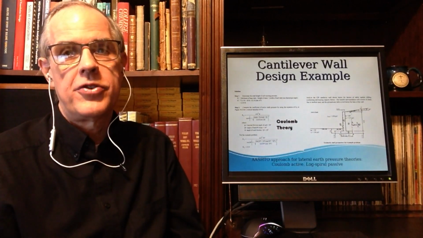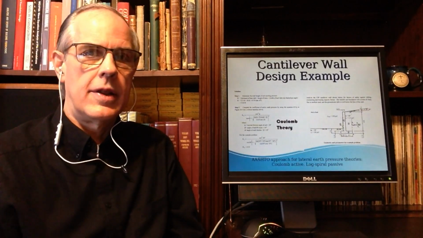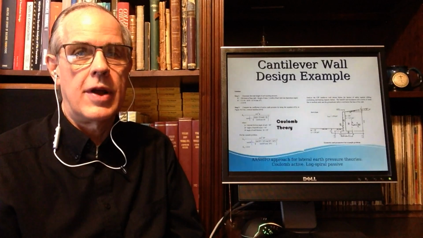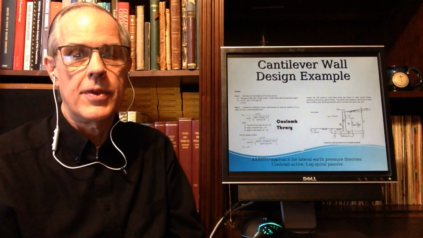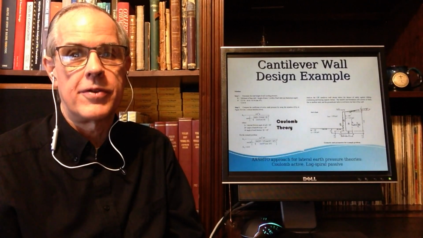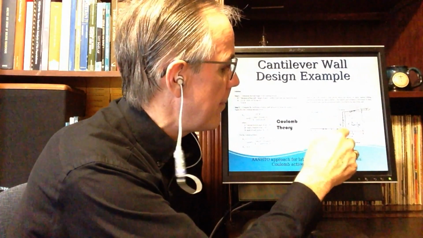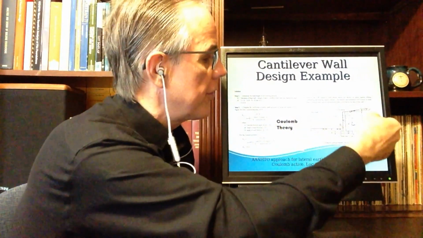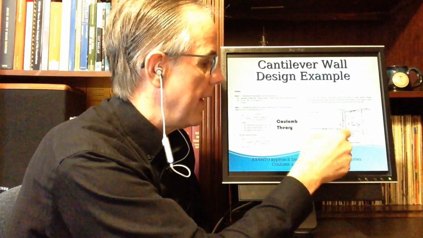But they're assuming the AASHTO pair of Coulomb for active and log spiral for passive, although we're not going to actually deal with log spiral earth pressure coefficients in this case, because we're not going to deal with passive earth pressure coefficients. We're going to ignore any passive resistance. The wall is going to be going in this direction, and in theory, we will have passive.